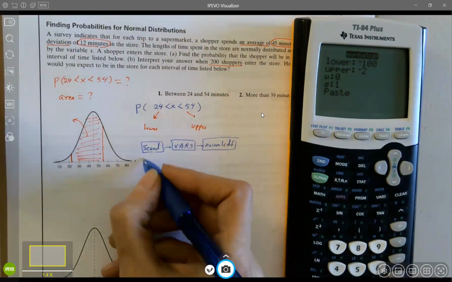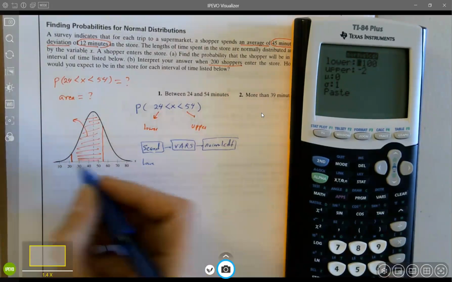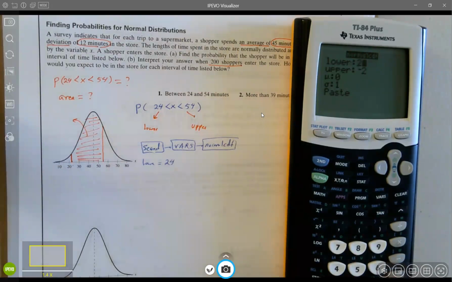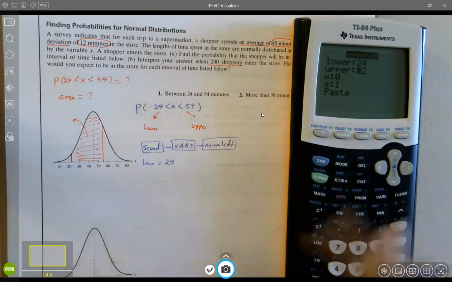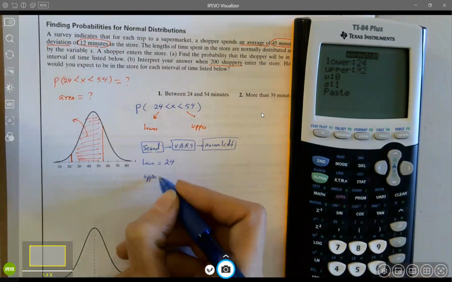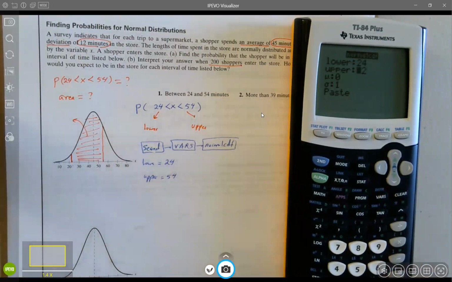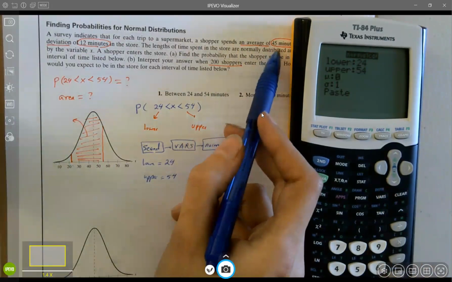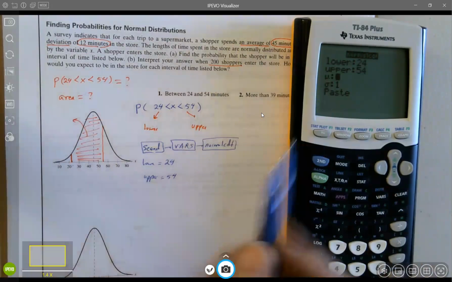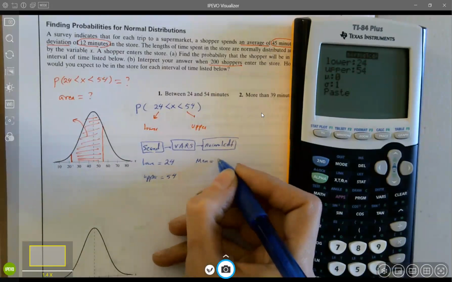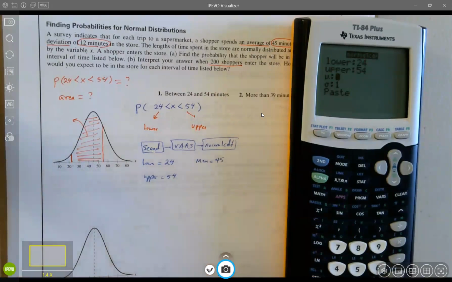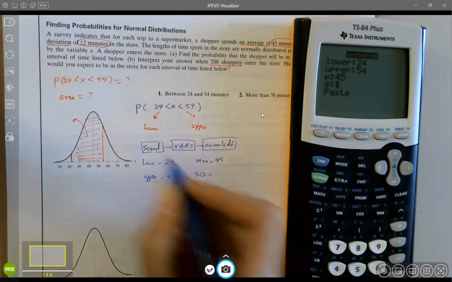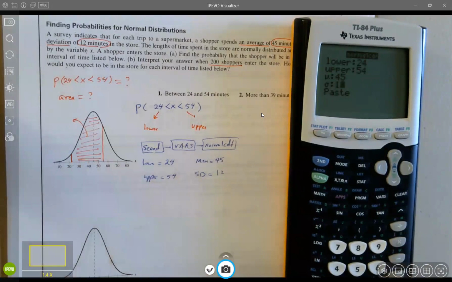So our lower bound is given, 24. Our upper bound is given to us as 54. What is the mean? The mean is given to us as 45 minutes. And the standard deviation is 12 minutes.